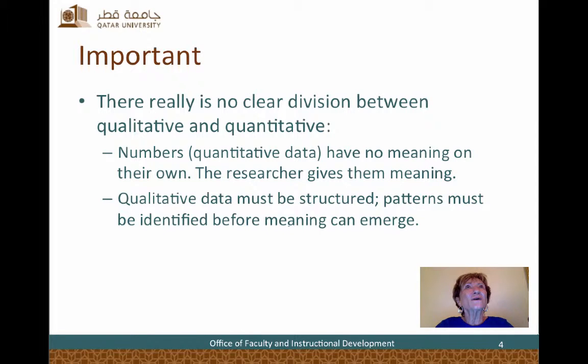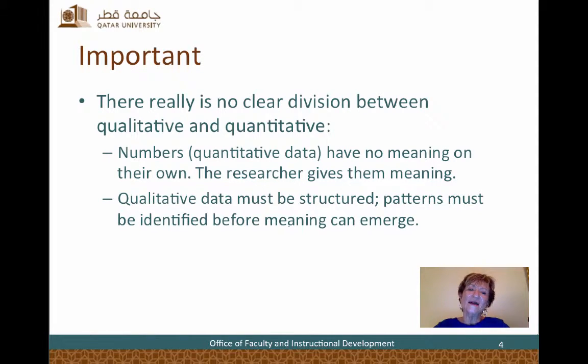You do a mathematical procedure and you get a p-value of 0.005. It's a number from a mathematical procedure, but it is researchers who have given meaning to that particular value. And so there's a little bit of qualitative perception that comes into quantitative research.